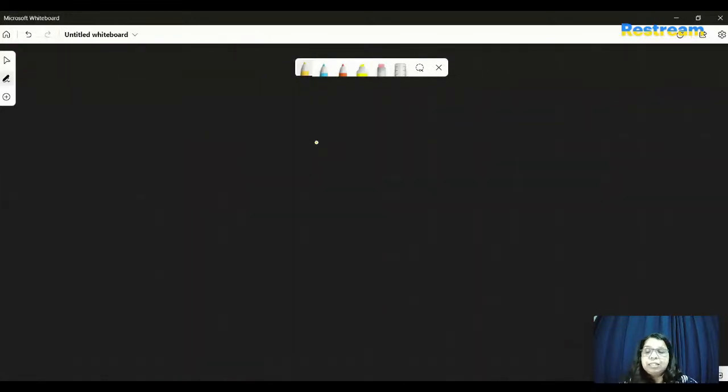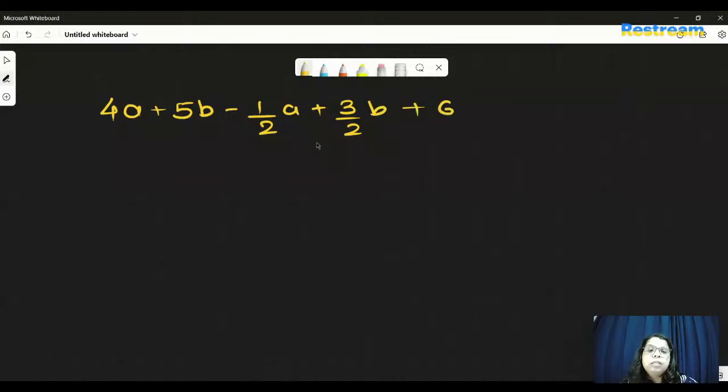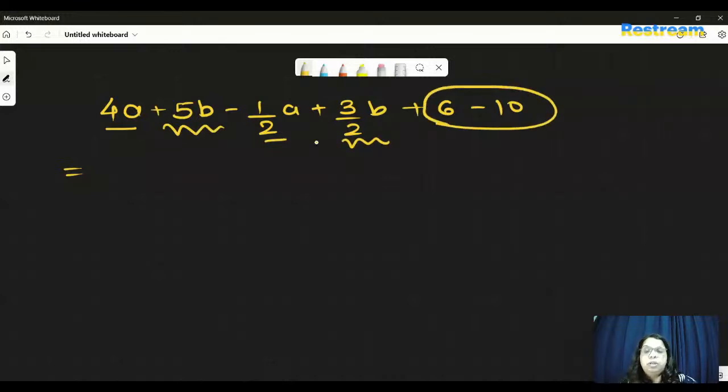Okay, so let's see how we can treat this. I'll give you another example: 4a plus 5b minus 1/2a plus 3/2b plus 6 minus 10. I'm going to bring all the like terms together. This and this will come together, this and this will come together, and these two will come together.